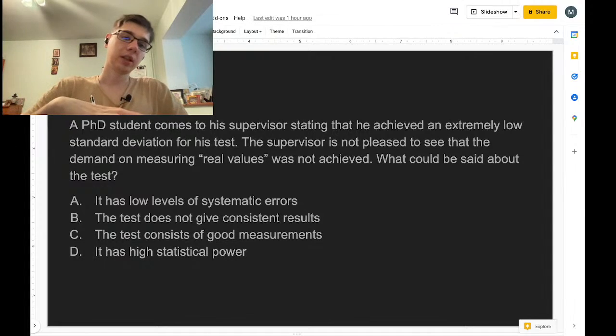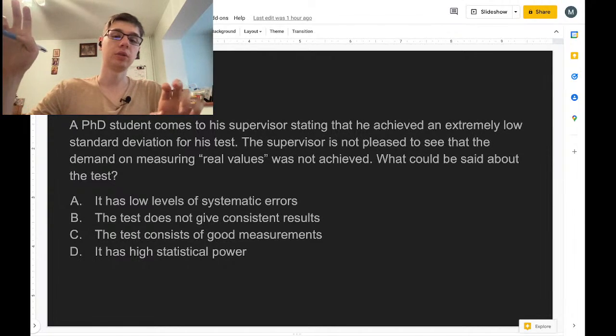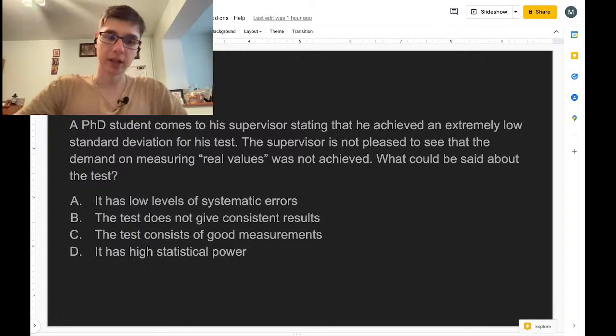What we see in this clinical vignette is the fact that having a low standard deviation means that the PhD student made a highly precise test. In contrast, the supervisor wanted a test that measures real values, meaning an accurate test.